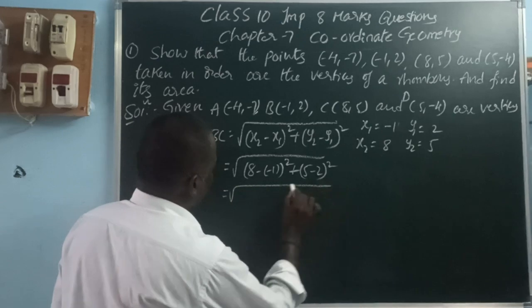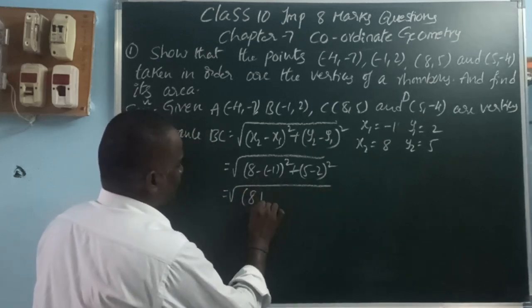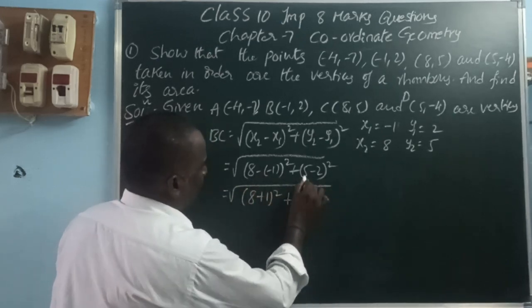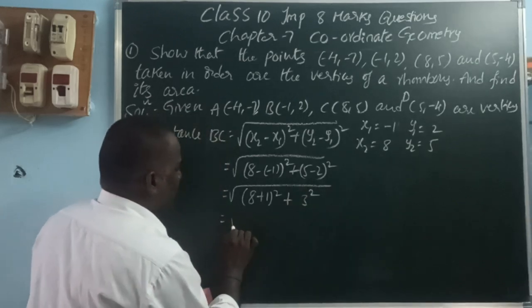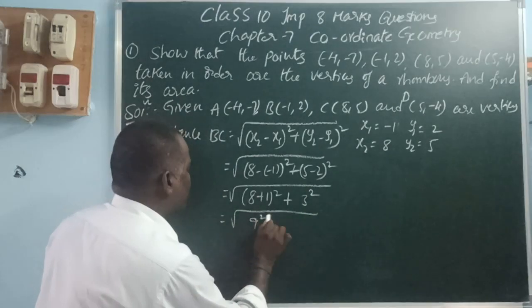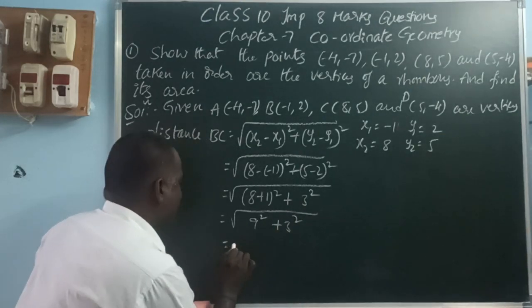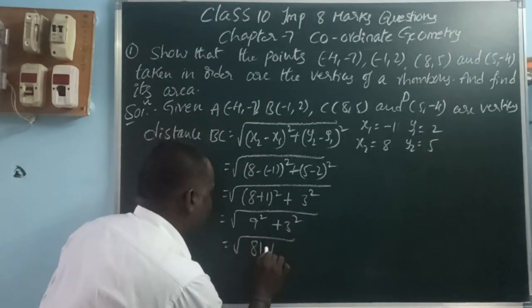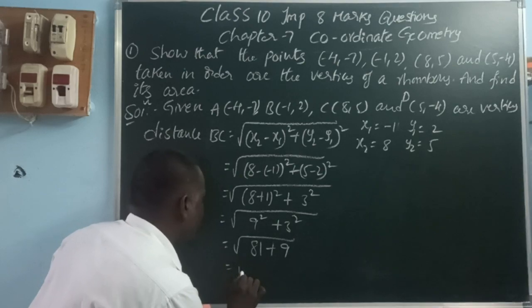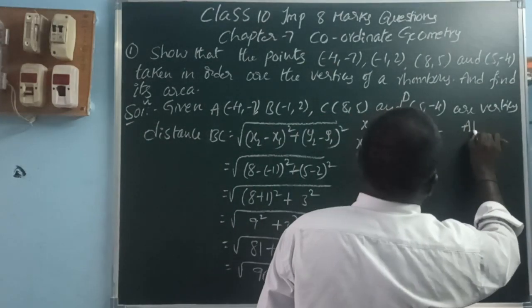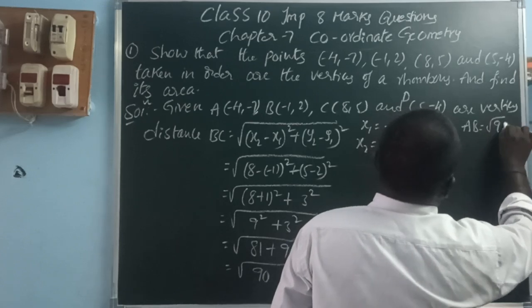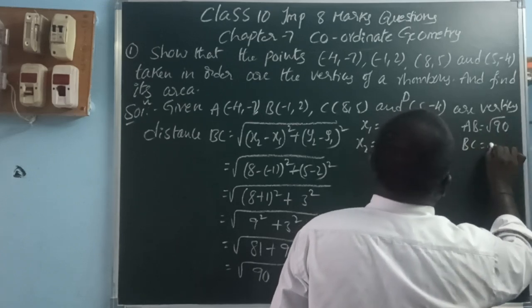So square root of (8 + 1) whole square plus 3 square. 9 square is 81, 3 square is 9. Square root of 81 plus 9, that is 90. So the AB distance is square root 90, and next the BC distance is square root 90.